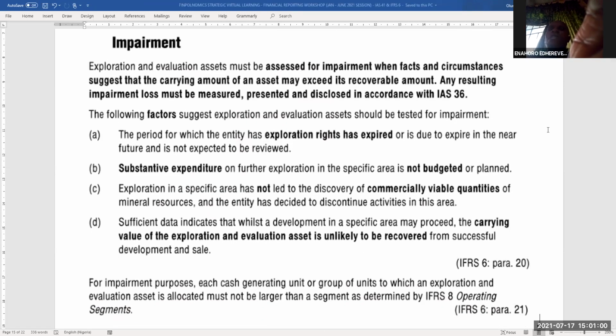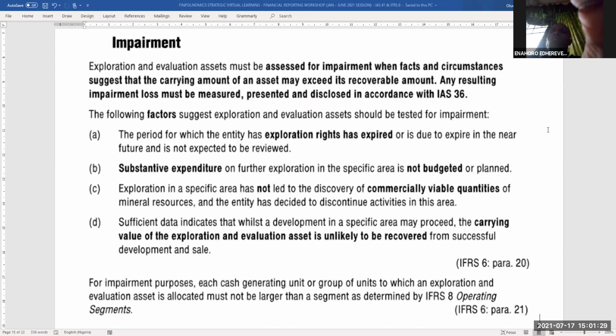Exploration and evaluation assets must be assessed for impairment when facts and circumstances suggest that the carrying amount of an asset may exceed its recoverable amount. Any resulting impairment loss must be measured, presented, and disclosed in accordance with IAS 36.